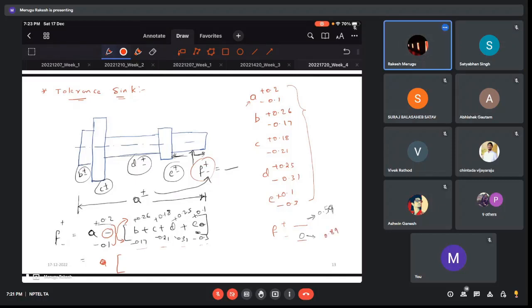That would be 0.2 minus of minus plus 0.17 plus 0.21 plus 0.31 plus 0.3. This is the upper. Similarly, the lower will be minus 0.1, minus into minus of plus you will get minus, and similarly you will get minus everywhere.